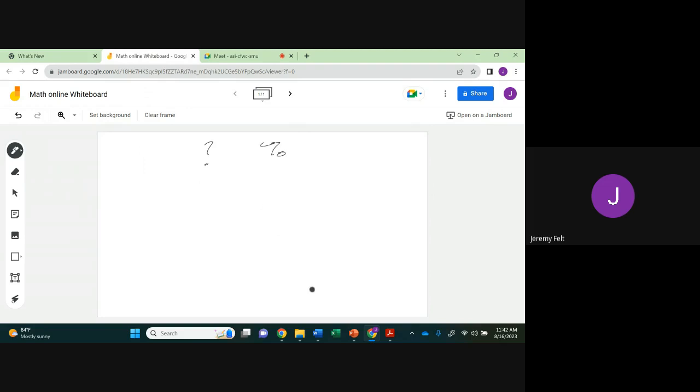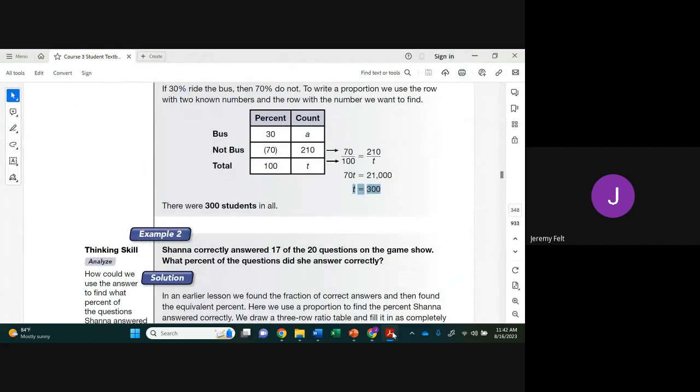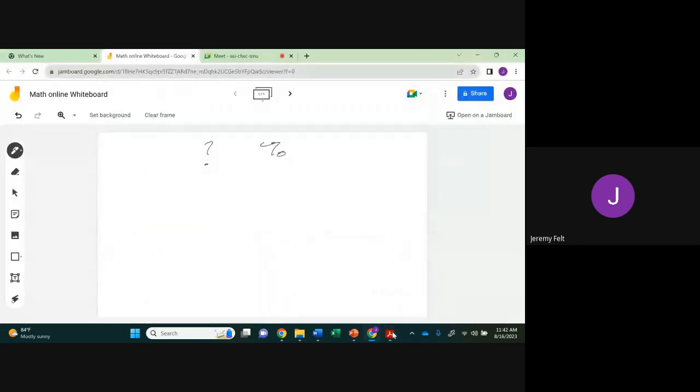So we were told that she answered 17 of the 20 questions correctly. So we'll call correct, wrong, total. So she got 17 of the 20. 17 plus 3 is 20. She got 3 wrong. We weren't told that, but we can easily calculate it.